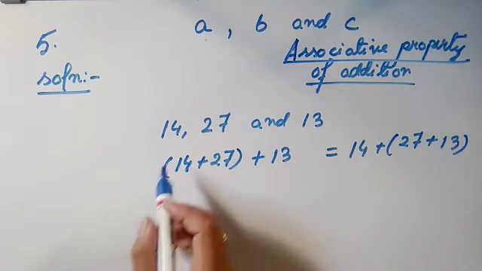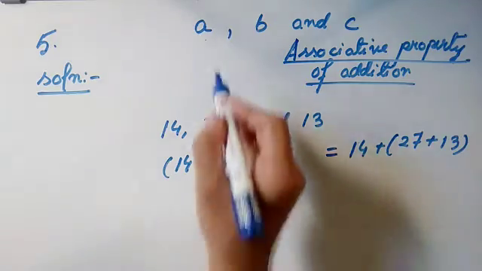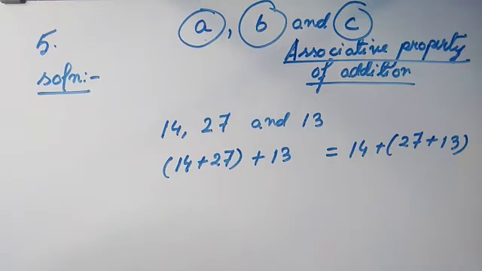But here, instead of using these three numbers 14, 27 and 13, we are going to use these three variables. It's very simple.